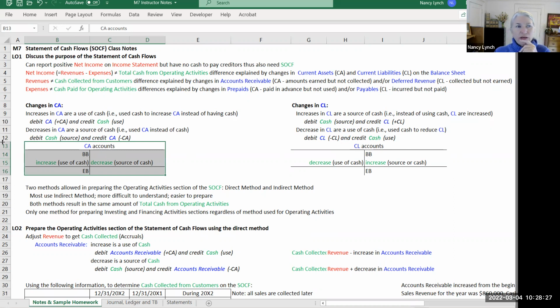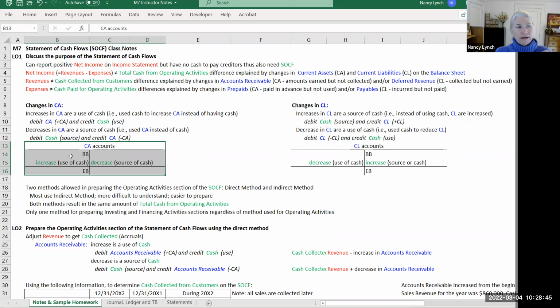In other words, having receivables or having deferred revenues makes our revenues different from our cash collected from customers if those accounts change during a period or exist.